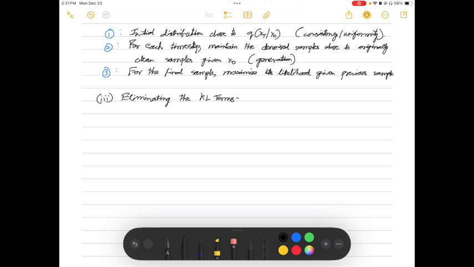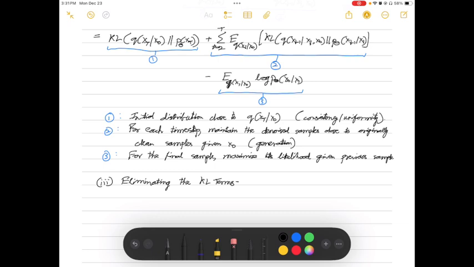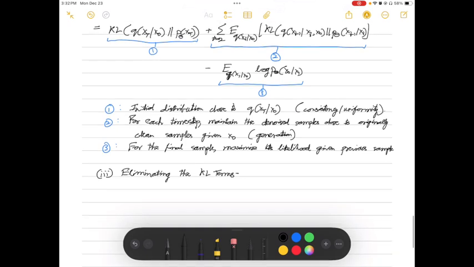Okay, so one thing to note right off the bat is that each of these KL terms that we see here can be computed analytically, since all distributions are Gaussian.